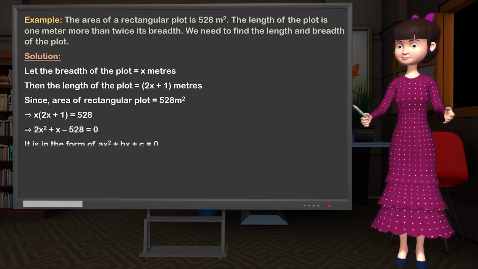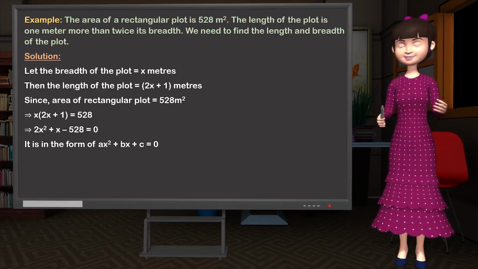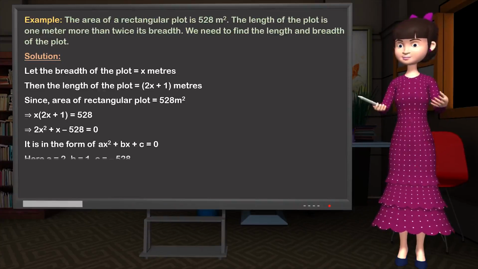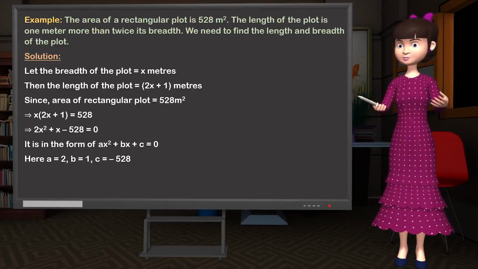This is in the form of ax² + bx + c = 0. Here a = 2, b = 1 and c = −528.